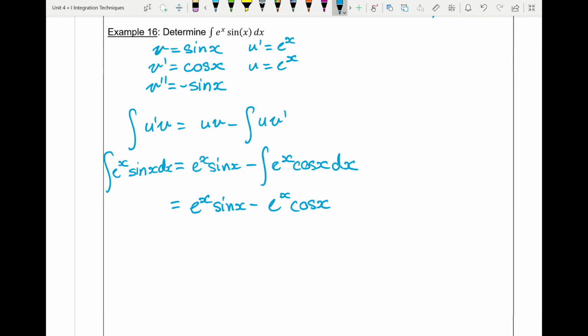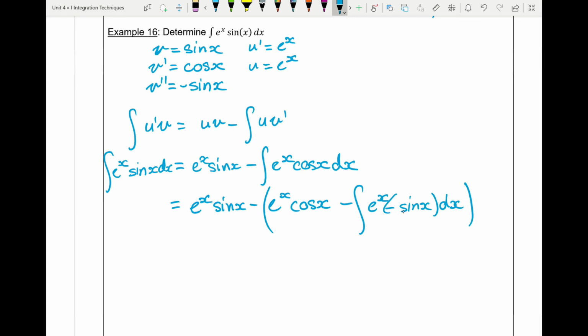And then we also subtract, don't forget our big bracket, the integral of e to the x times negative sine of x dx. And so this is where that negative distribution is very important, because this becomes a positive.